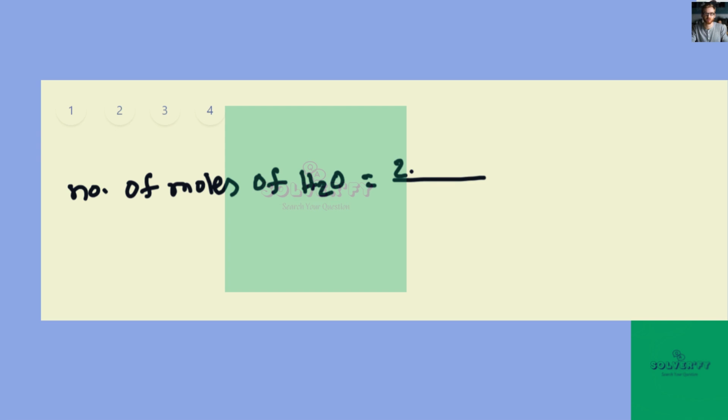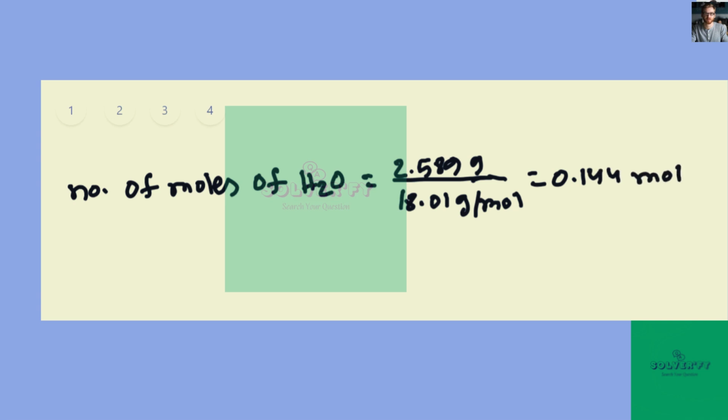So the mass is 2.589, and the molar mass of H2O is 18.01 gram per mole, as we know. That means it will give us a value of 0.144 mole. So this is the number of moles of H2O.